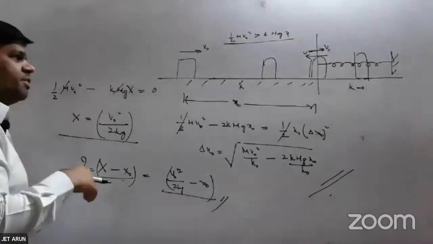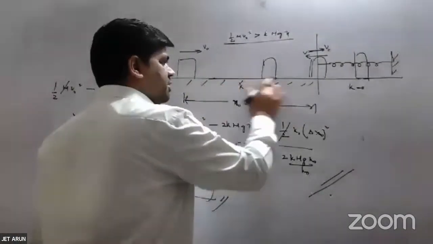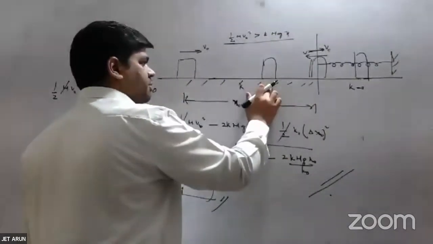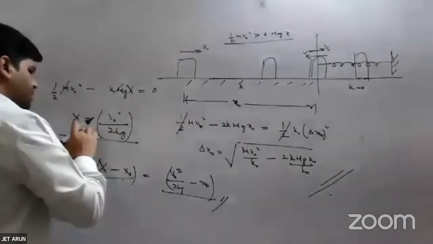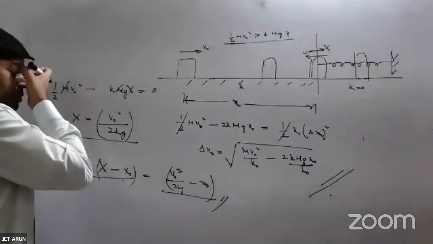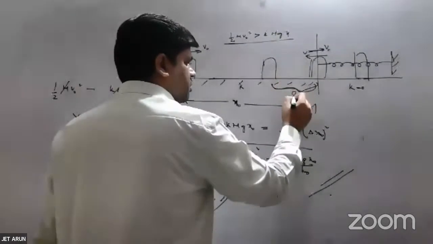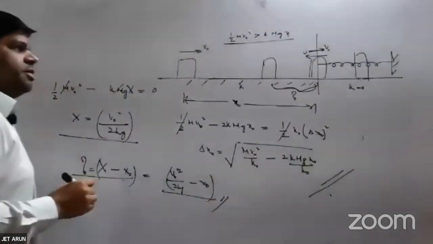So where does it stop from the equilibrium position? This total distance is this plus this. I just have to find out this one. So how much is that?